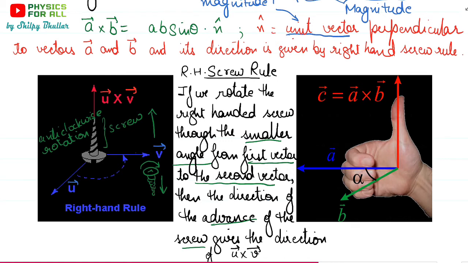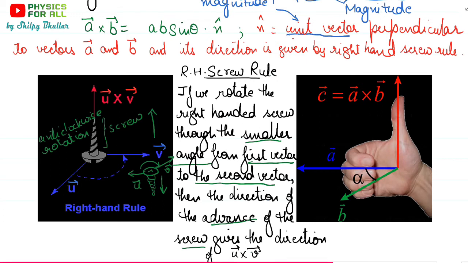Suppose this is our vector u and this is our vector v. Now if we rotate vector u towards vector v, and you are holding the screw in your right hand and rotating it clockwise, where would the screw go? The screw will go downwards.